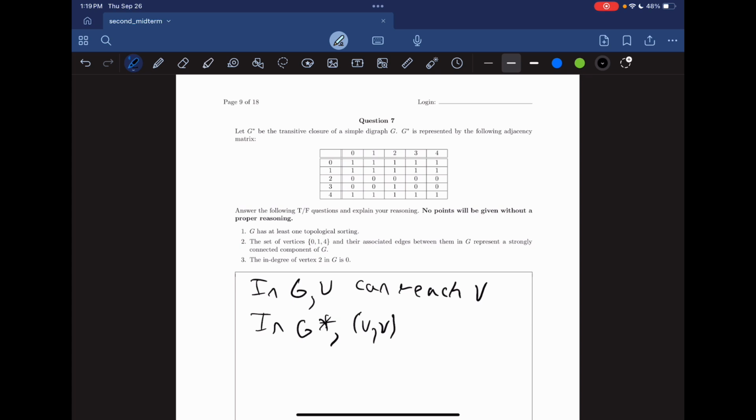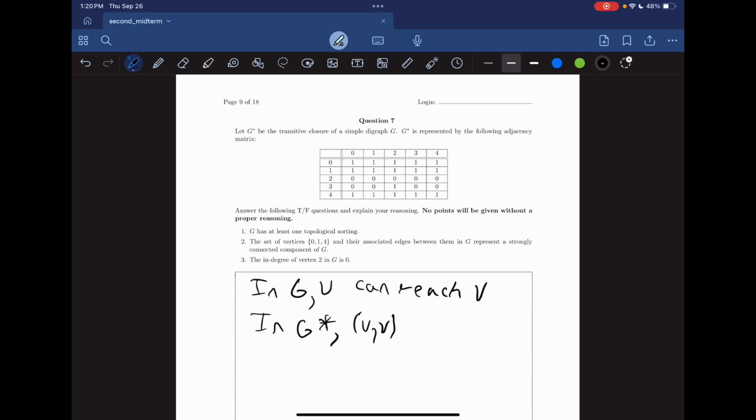So let me reiterate that. If in G, the vertex U is able to reach the vertex V through some path, in G star, there will be an edge directly from the vertex U to the vertex V.